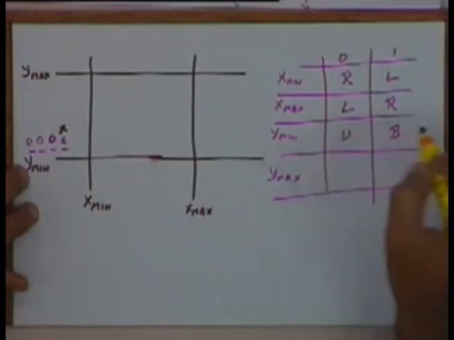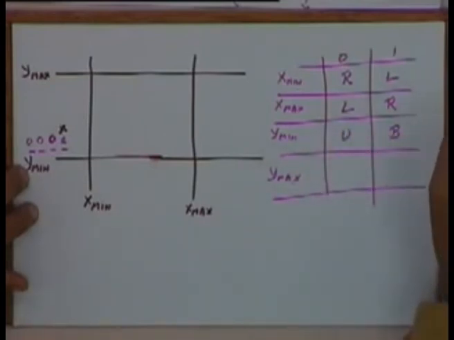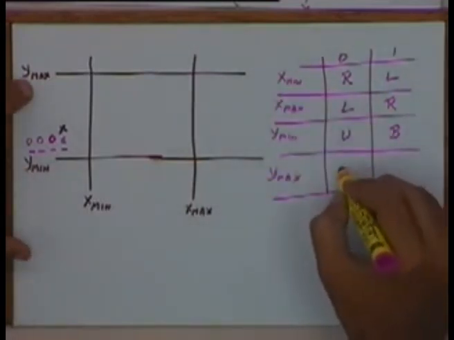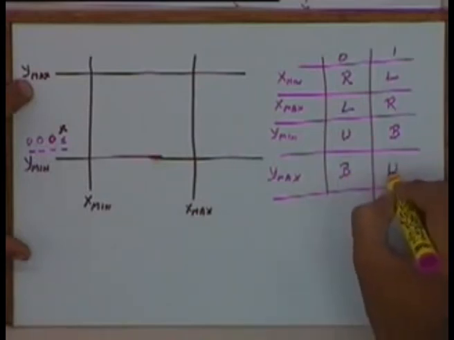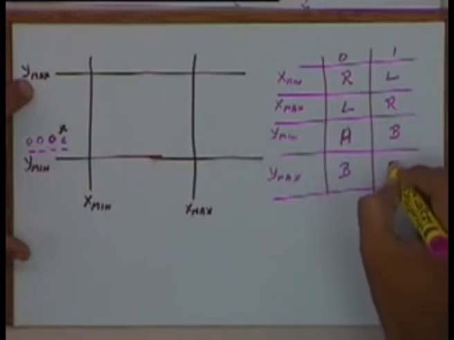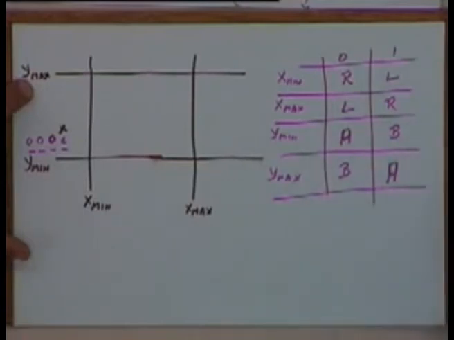If I am above, I will give it a code of 0. Similarly, y-max, if I am below y-max, I will give it a code of 0. If I am above y-max, I will give it a code of 1.